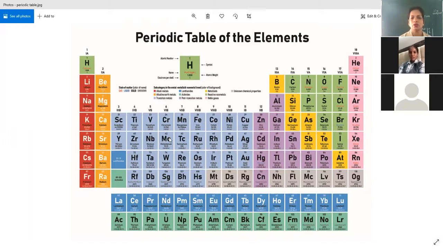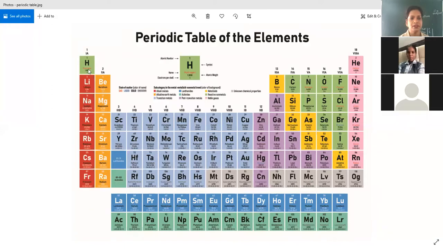How many vertical columns are there? 18 vertical columns are there: 1, 2, 3, 4, 5, 6, 7, 8, 9, 10, 11, 12, 13, 14, 15, 16, 17, 18. These are called groups. Horizontal lines are called rows. Vertical ones are called columns.